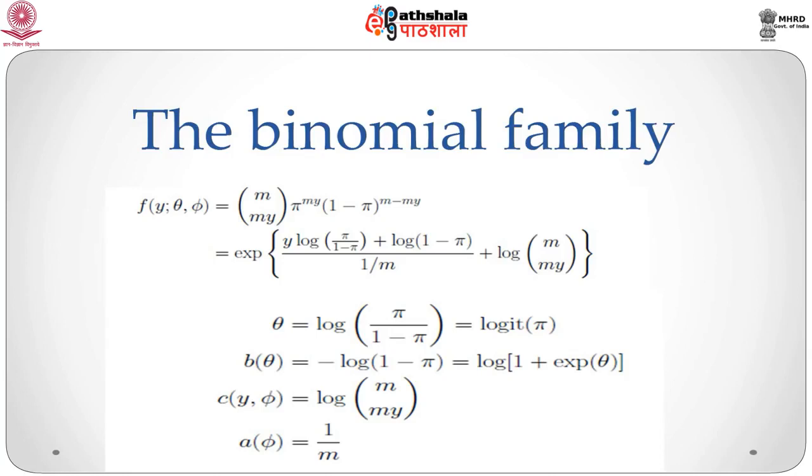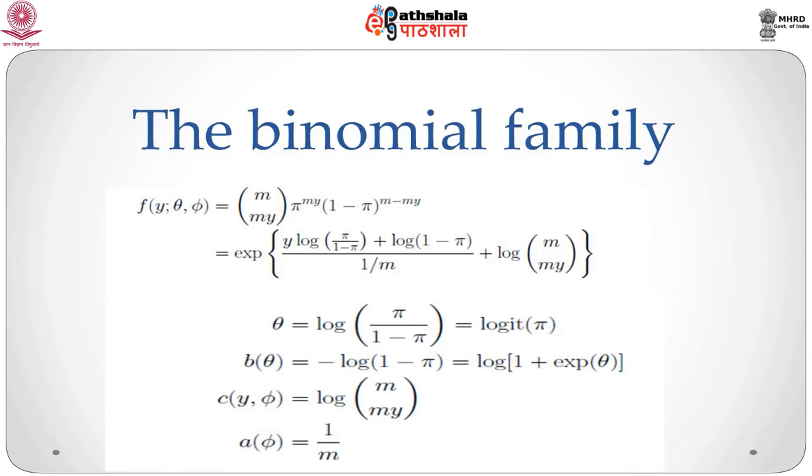Now, it is quite natural to index the binomial family in terms of the proportion pi. However, note that to get it into the one-parameter exponential form, we write it as exponential of (y log of pi over 1 minus pi plus log of 1 minus pi) divided by 1 over m, plus log of m choose my.